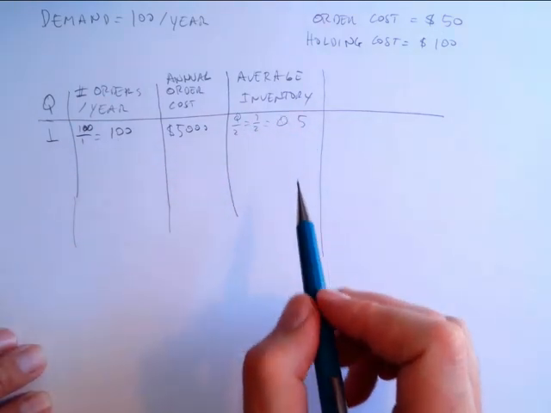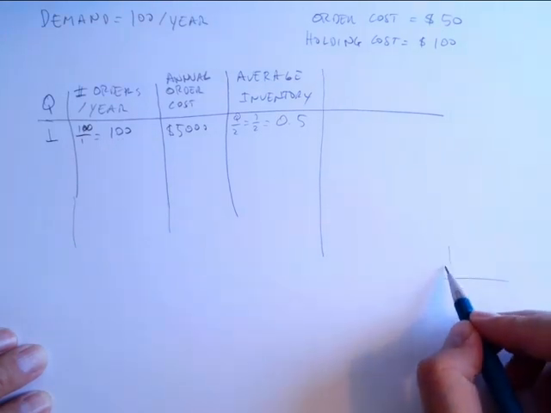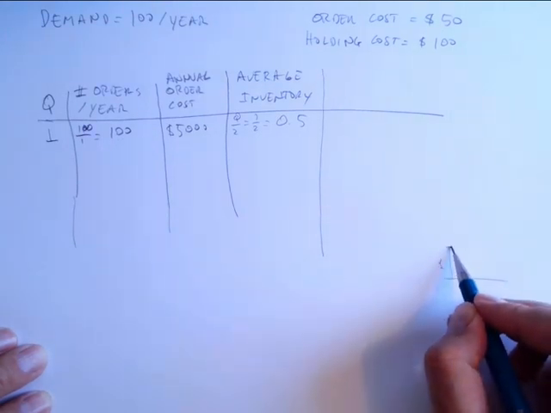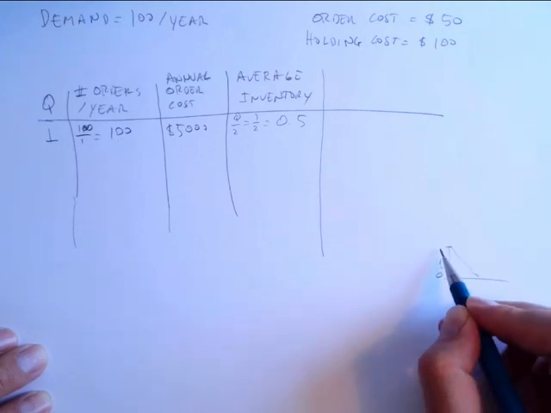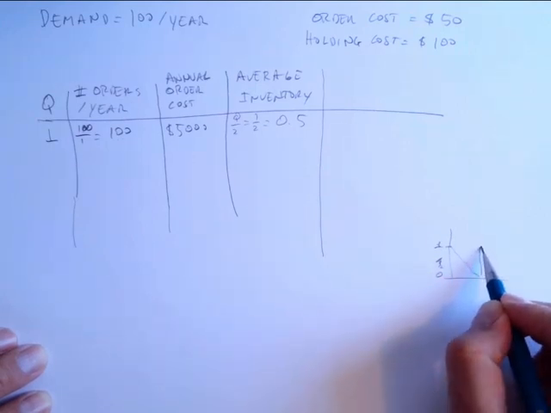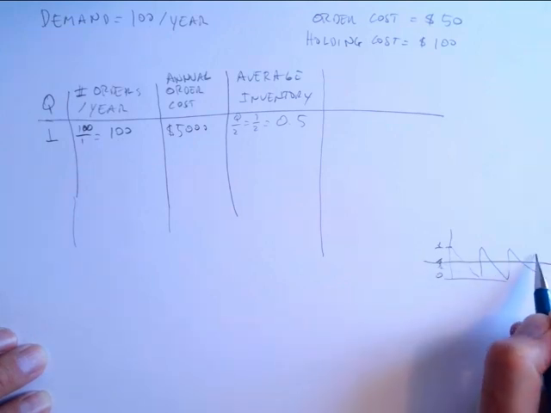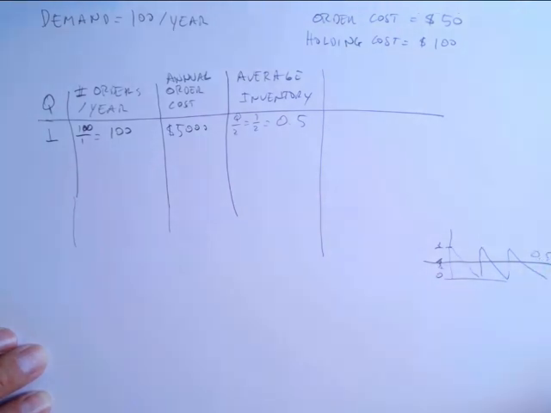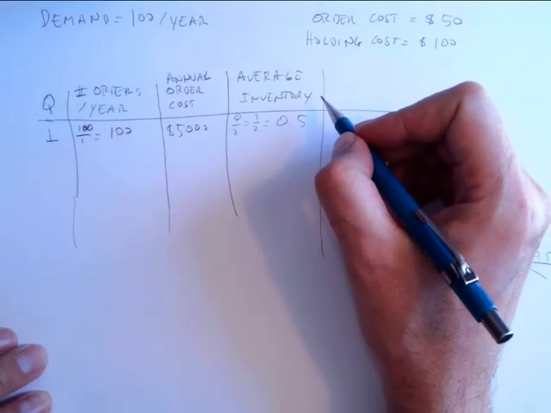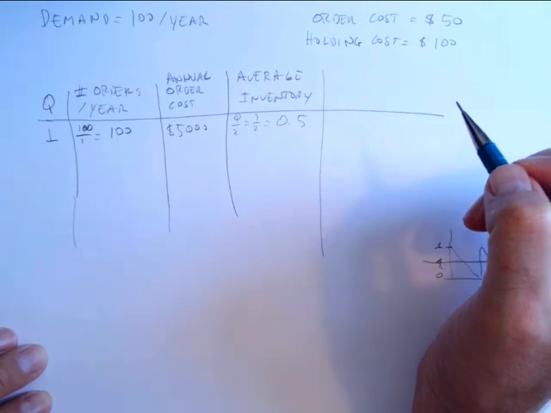Remember the sawtooth going up and down: in this case it goes to 1, then 0, then back to 1, then 0. So on average, I'm going to have 0.5 items in inventory.